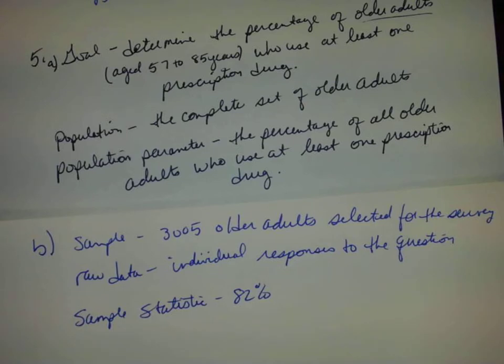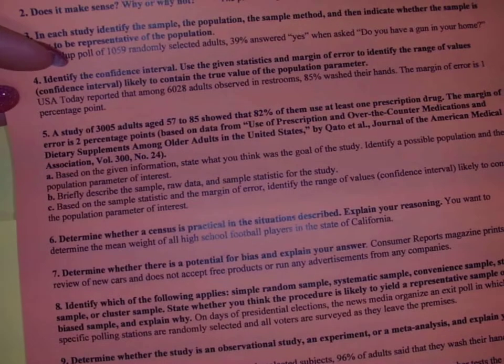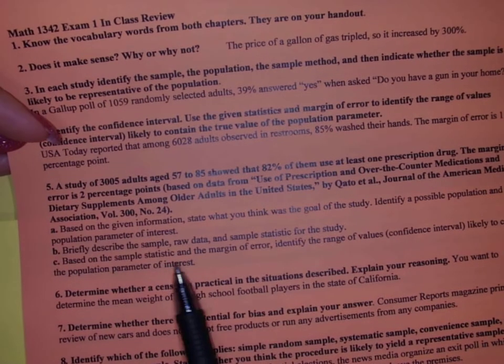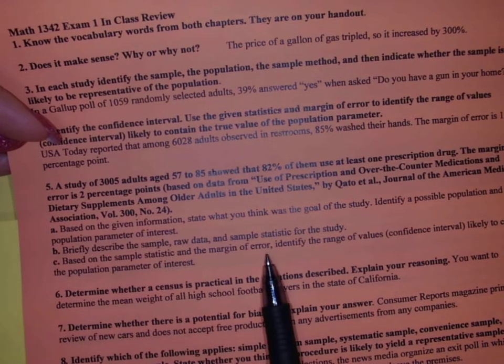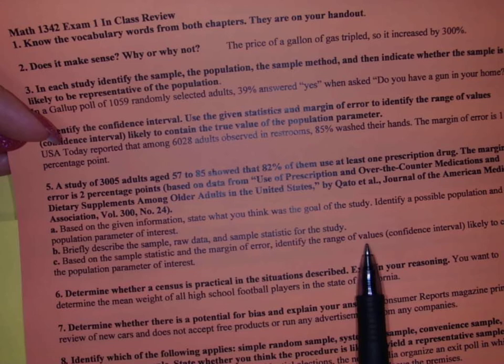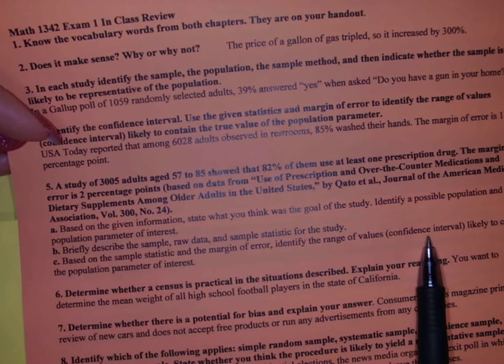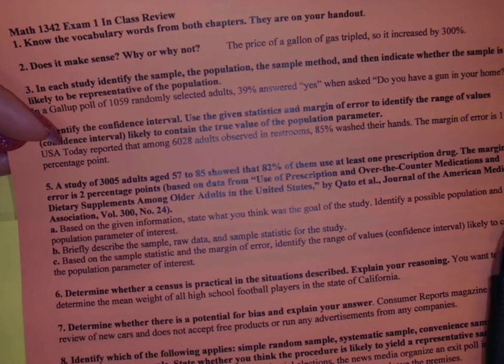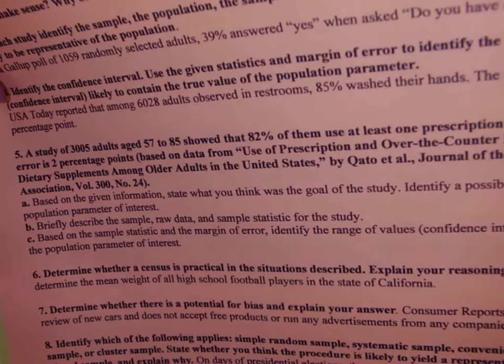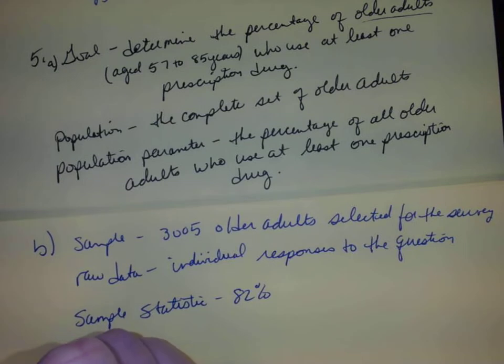All right, and then part C says to, based on the sample statistic and the margin of error, identify the range of values, confidence interval, and likely to contain the population parameter of interest.